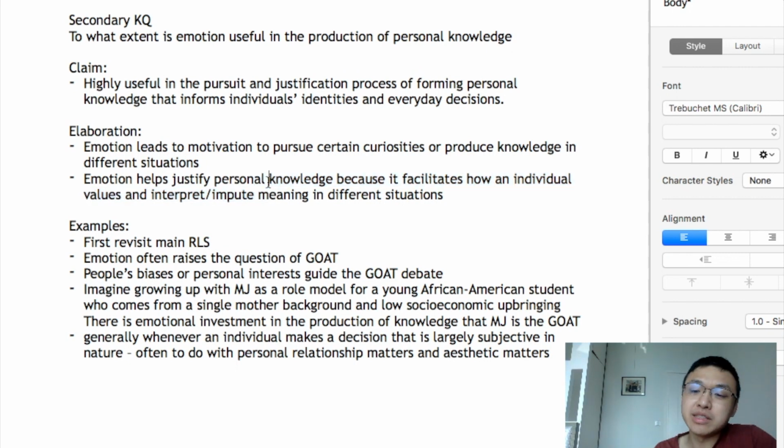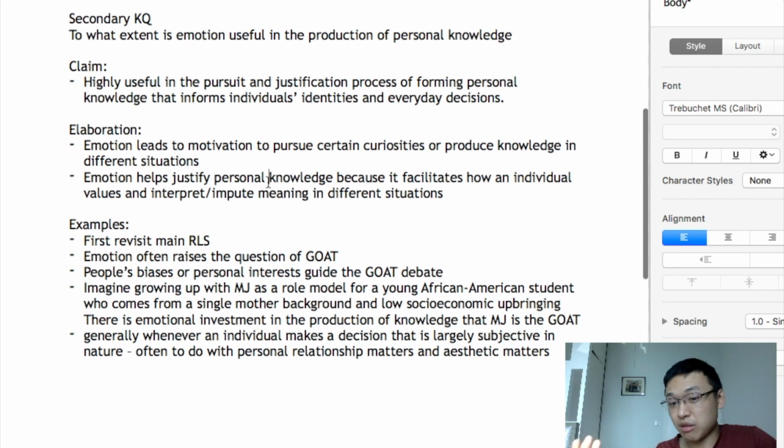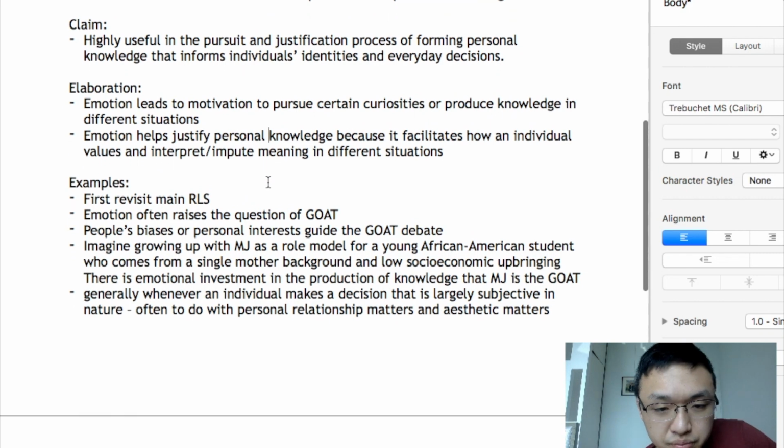And as humans, we tend to use emotion to justify our personal knowledge, right? Because emotion influences how we feel and interpret certain things. So that's why emotion clearly plays a vital role in us forming our own opinions, right? Because emotions affect the way we interpret things, right?